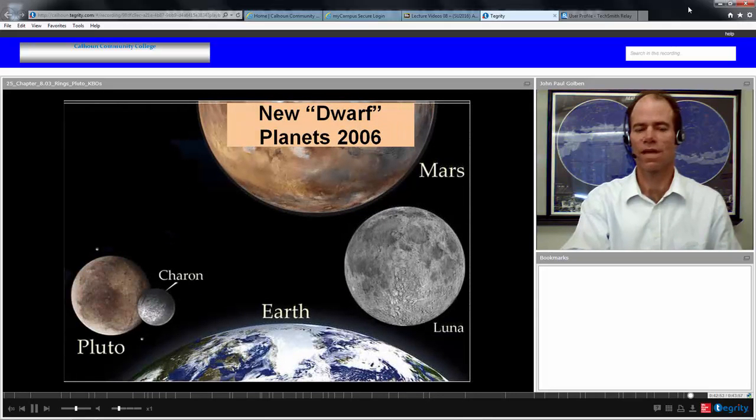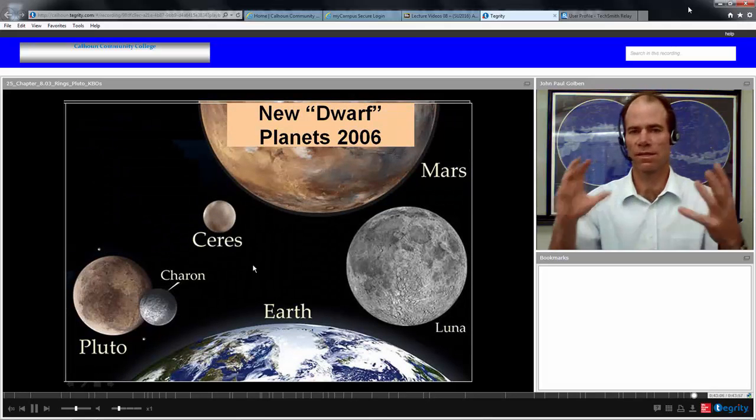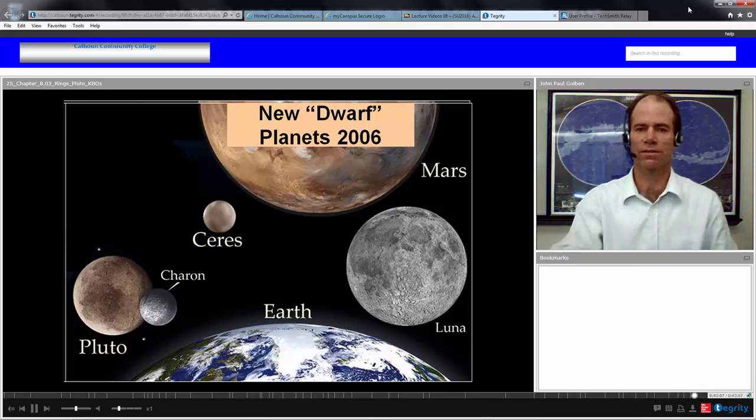So as of 2006, our new dwarf planets are Pluto and Charon, and as such, Ceres has gained a new status as a dwarf planet, Ceres being the largest asteroid in the asteroid belt between Mars and Jupiter.